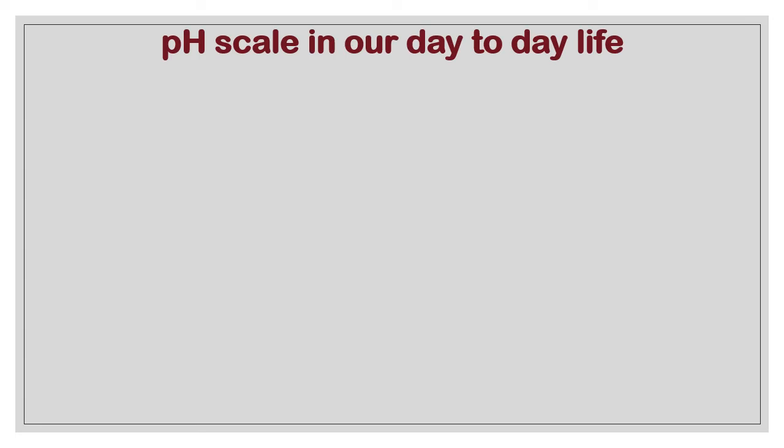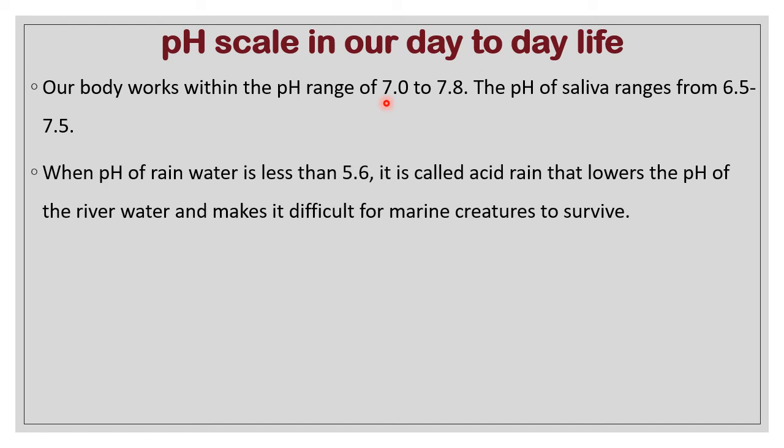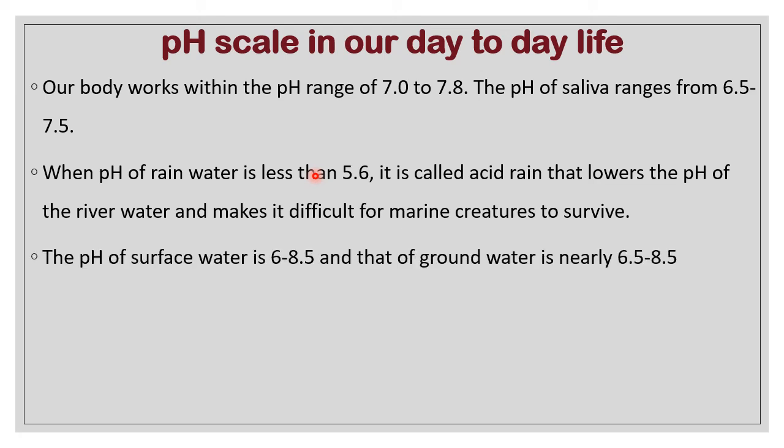pH scale in everyday life. See, this is the pH range our body works in. Every day you have to maintain this much only, otherwise something goes wrong in the body. Rain with pH less than 7 is called acid rain. If it falls, it causes problems to buildings and soil.